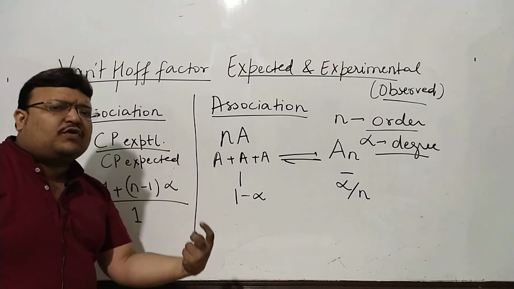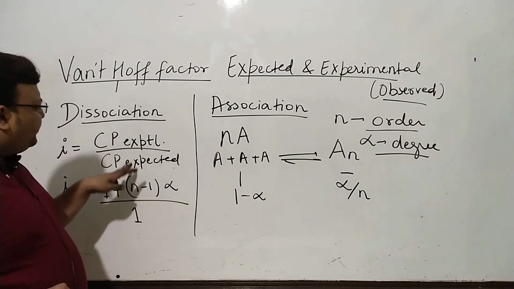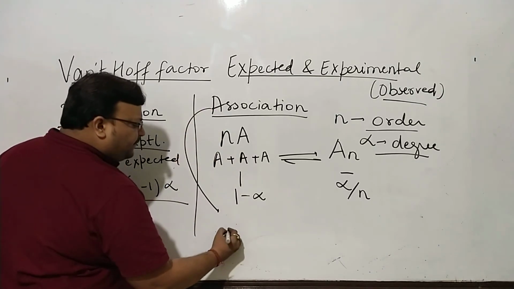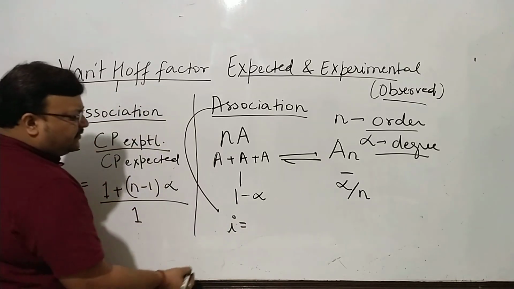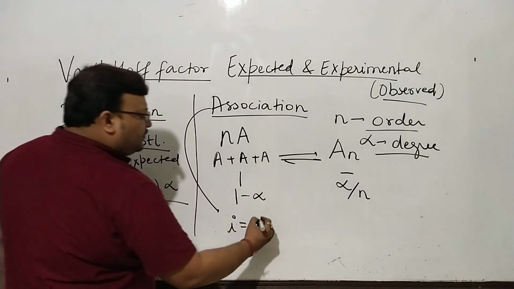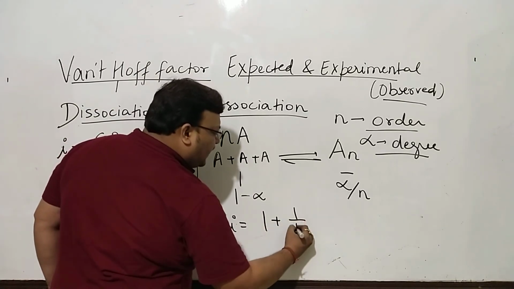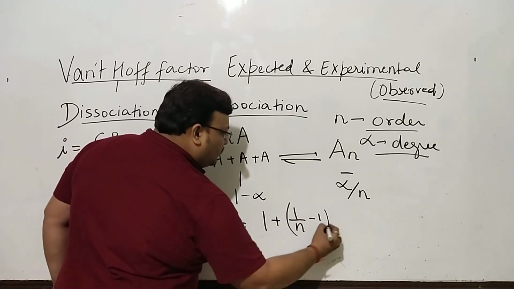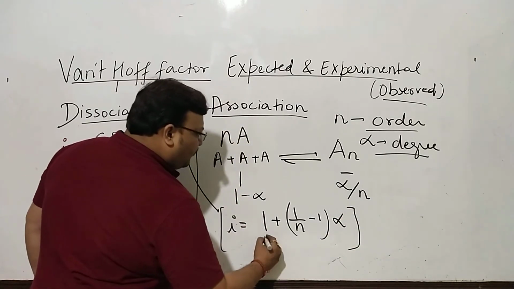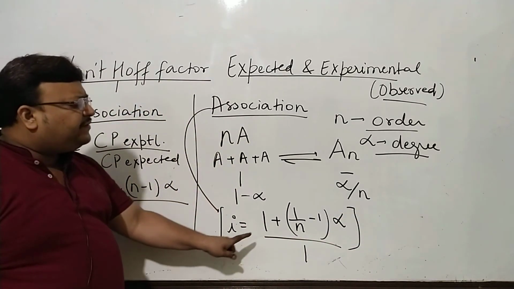And the simplest way to remember, if this is for dissociation, for association, it can be proved easily. You can prove it at your convenience. If for dissociation it's n minus 1 alpha, this is 1 plus 1 by n minus 1 alpha. So this is the easiest way to remember this.